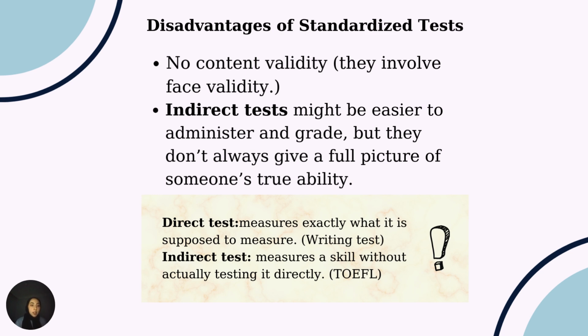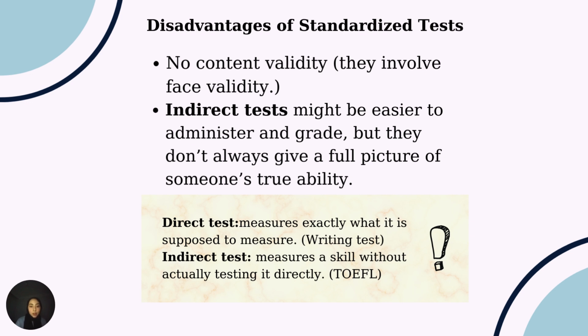Indirect tests might be easier to administer and grade, which is important, but they don't always give a full picture of someone's true ability. Firstly, let's look at what indirect test means. So indirect tests measure a skill without actually testing it directly, like TOEFL, or we can say again YKS.